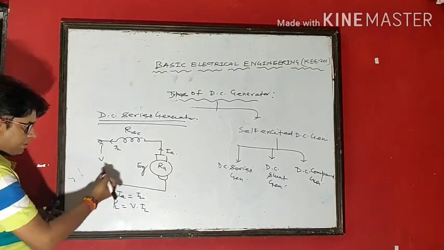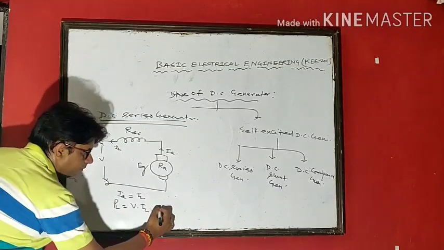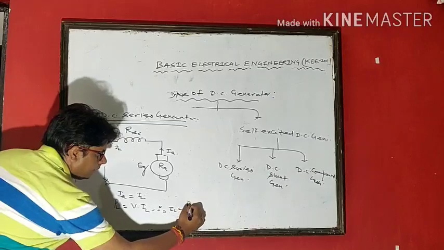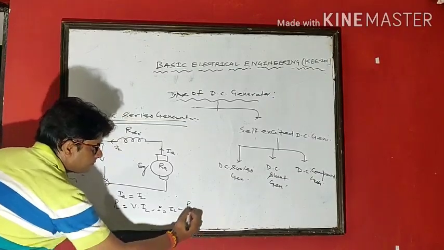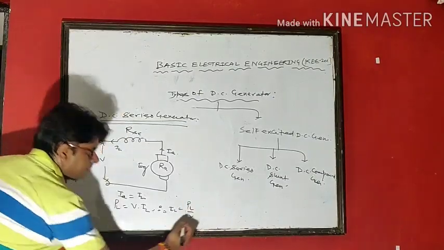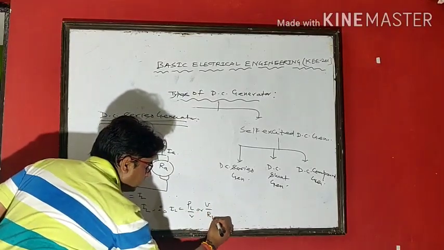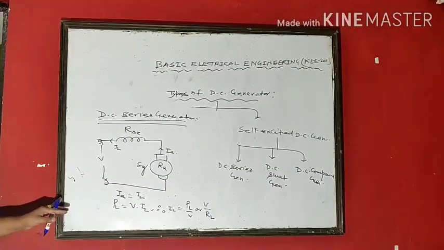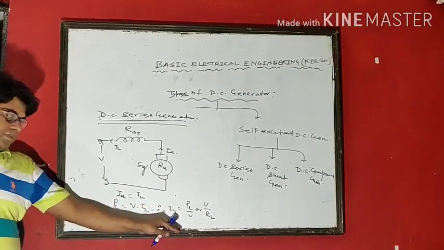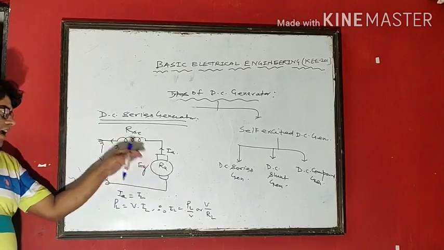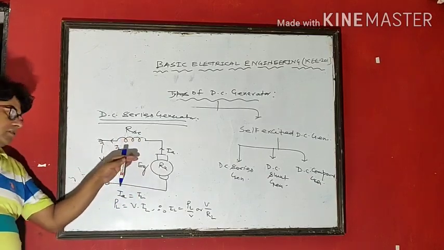Therefore IL equals PL upon V, that is load power upon voltage, or another way, V upon R. Once we find IL, the armature current IA equals IL, because armature and field are connected in series.